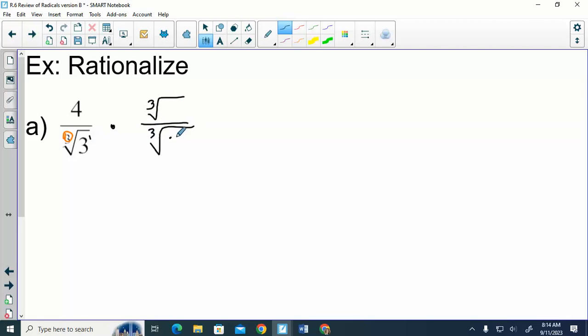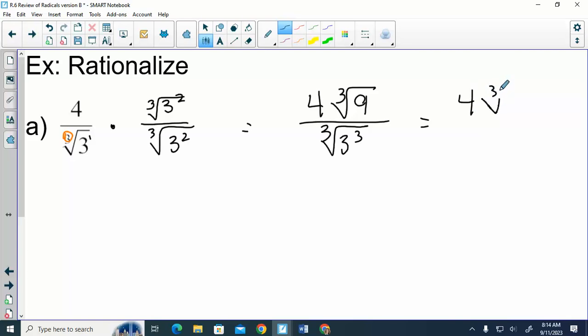We have 1, so we would need 2 more. Now 3 squared is just 9. There's just another way of thinking about it. So we have 4 cube root of 3 squared, which is 9, over the cube root of 3 to the third, which is just 3. So whichever way you guys prefer.